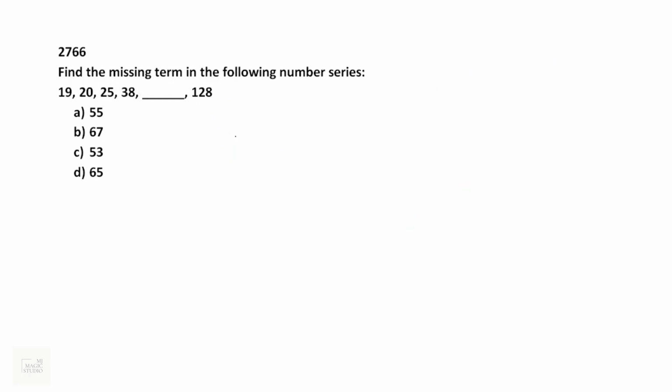Again, find the missing term. We have 19, 20, 25, 38, missing term 128. Let's go by our rule book of finding the difference table. 1, 5, 13, and here the difference is 4 and then 8. If I move it like this, series is moving with the 12, 12, 12, 12 not 4, 4, 4 gap, maybe like an AP series.